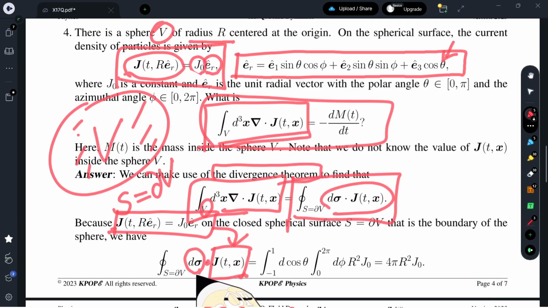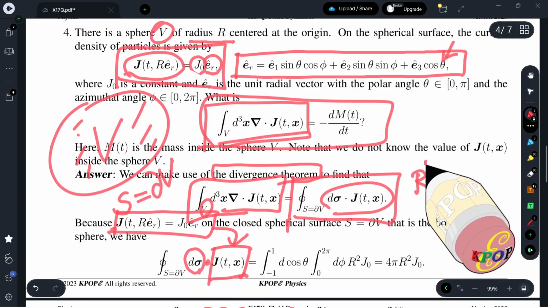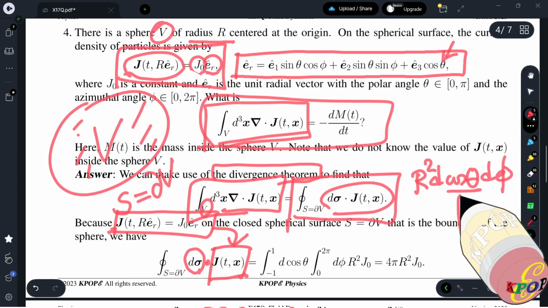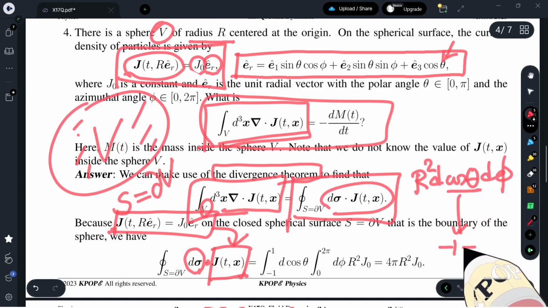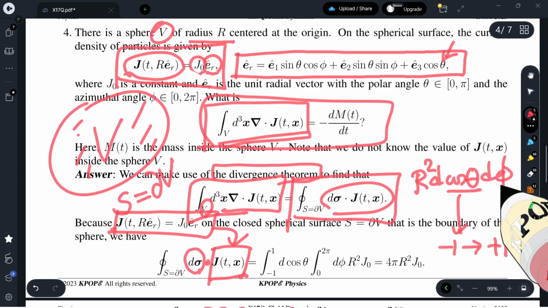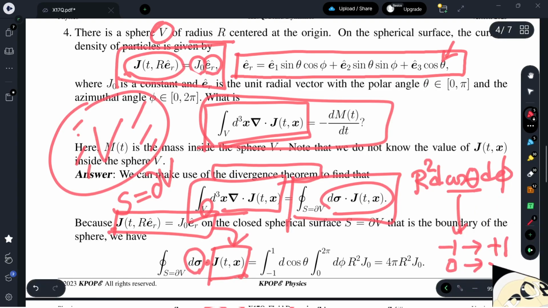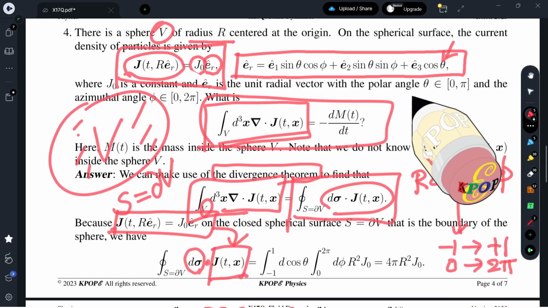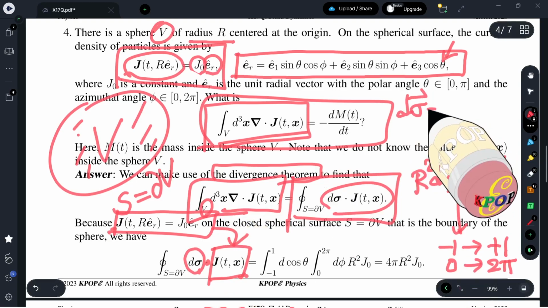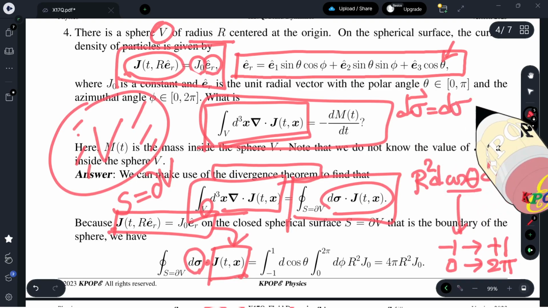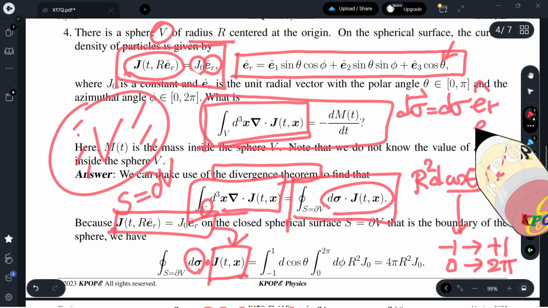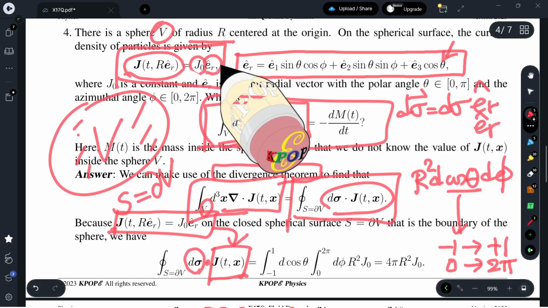The spherical surface is parameterized by radius squared d cosine theta d phi, where cosine theta runs from -1 to +1 and azimuthal angle phi runs from 0 to 2 pi. By the way, the surface element is d sigma multiplied by the unit radial vector, and the current density is also parallel to the unit radial vector.